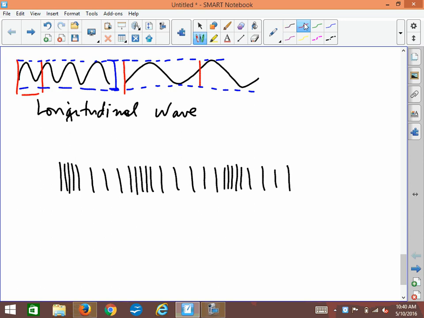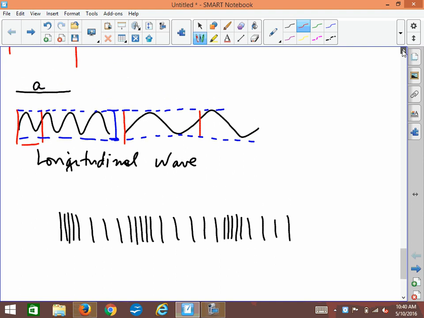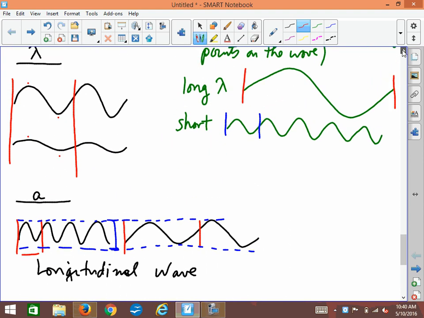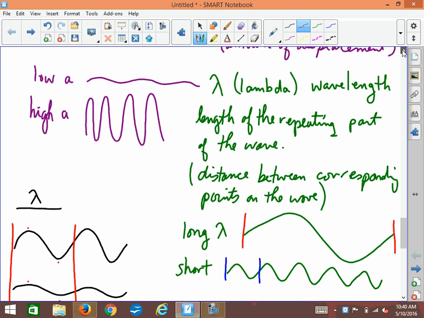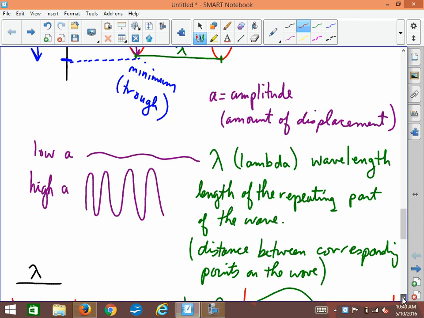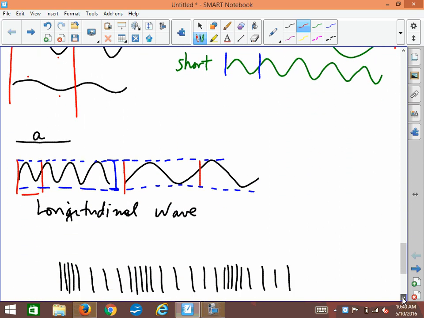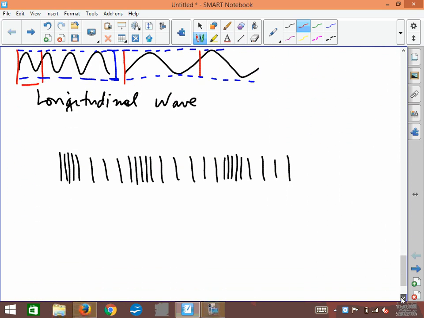I'm going to color code the compressions and the rarefactions. Up here we had amplitude of the wave, and we had crests and troughs. In blue we had the crests and troughs, the amplitude was purple, and the wavelength was green. So let's try and do the same thing here. There aren't really crests and troughs, but there are compressions and rarefactions.